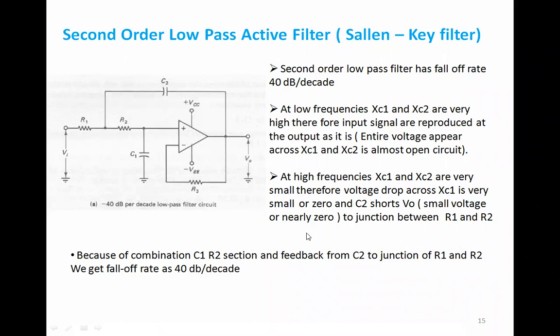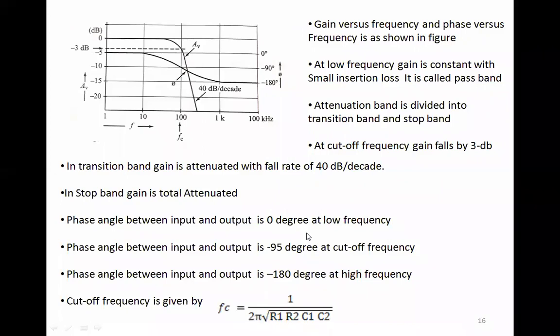So this is going to be the graph for it. We are attaining it at minus 40 dB, so the steepness that you can see is high. At lower frequency, the gain is constant and there is small loss, and attenuation is divided into the transition band. At cutoff frequency, it falls by 3 dB.